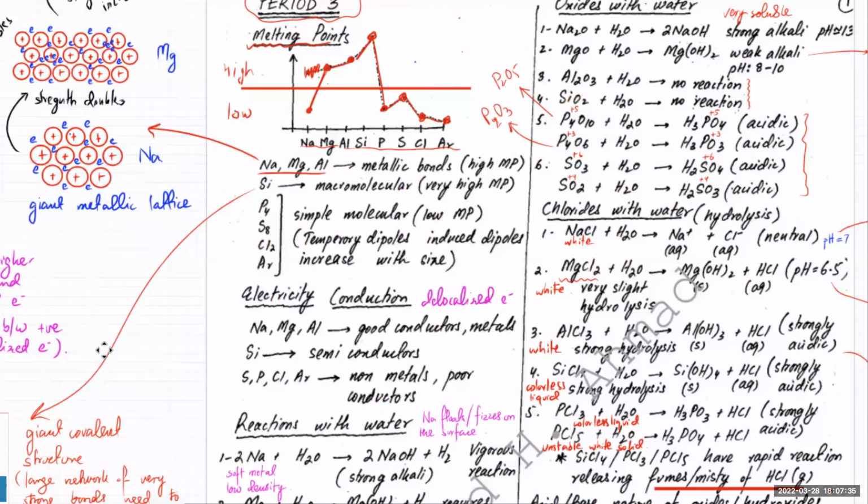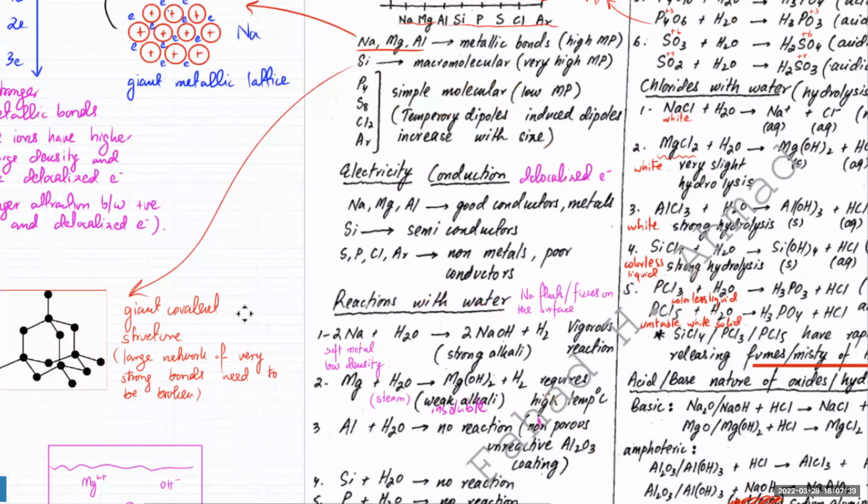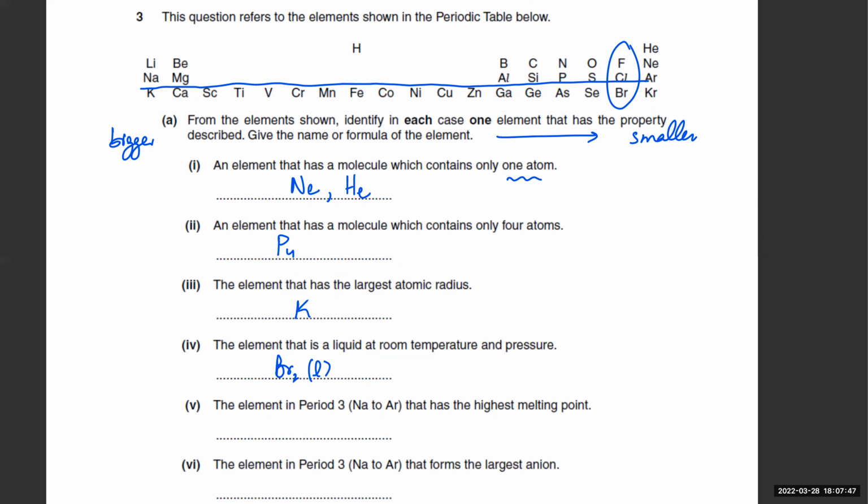That's silicon, right? Because it's got a giant covalent structure. Silicon has the highest melting point and boiling point. Clear है सारों को?